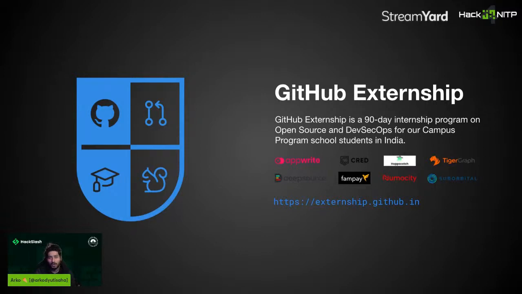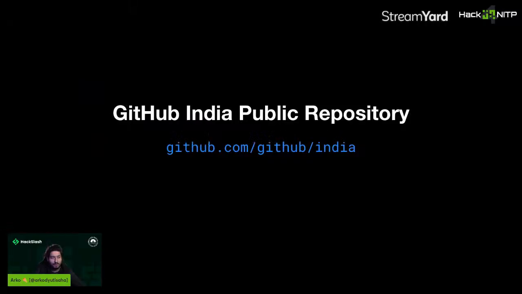I'm sure if you are one of those students who is part of a campus program, you might be wondering how you can bridge that gap of contributing to open source and then getting a job in open source. This is it. So next time we open applications, maybe in summer, you should definitely log on to externship.github.in to find more.